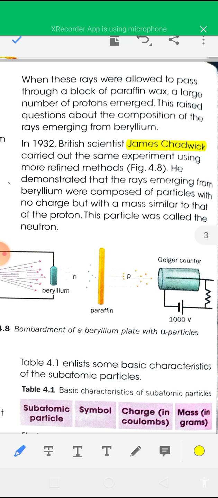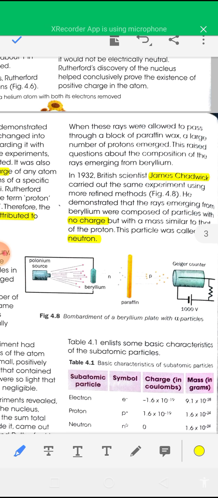He demonstrated that rays emerging from the beryllium were composed of particles with no charge, that is, electrically neutral, but with a mass similar to that of a proton, and this particle was called the neutron. So the neutron was discovered by James Chadwick.